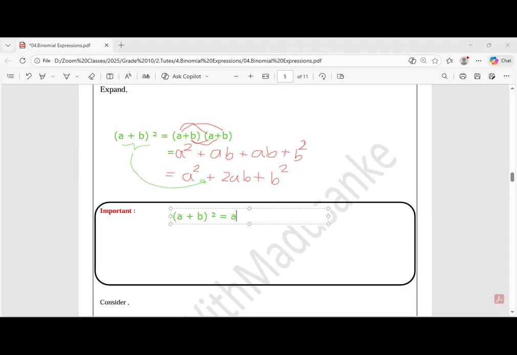So finally you have obtained A squared plus 2 times AB plus B squared. So please write this in the middle here. You have to remember this expansion at once. How you are going to remember it? That should be the most important thing. Now I am going to tell you how you are going to remember it.